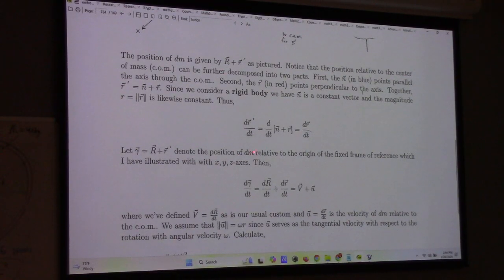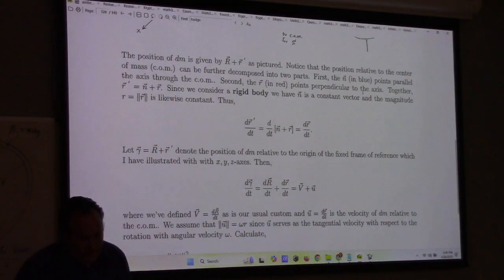Anyway, if I let gamma be the actual position of the little dm, and I differentiate gamma with respect to time, I get two pieces: the center of mass velocity and the relative velocity. The interesting part is the relative velocity, which has to be in the tangential direction relative to the axis of rotation.